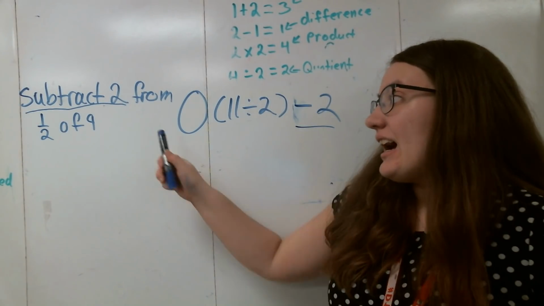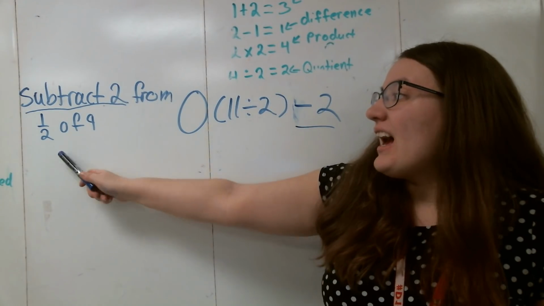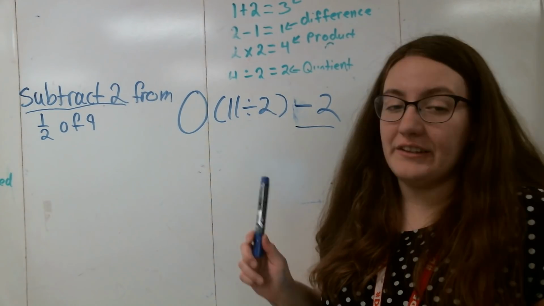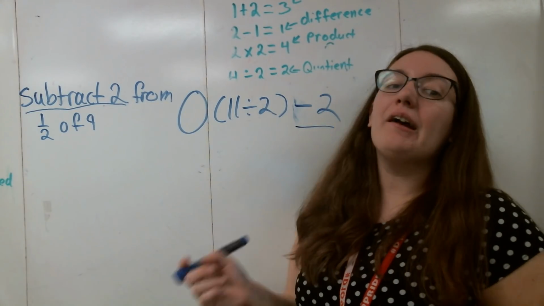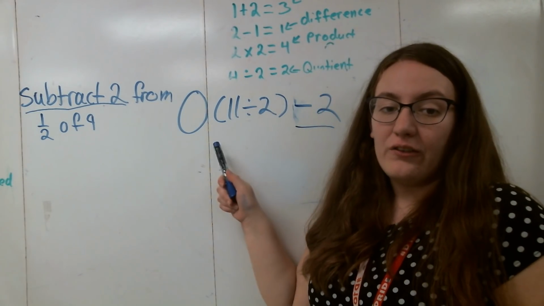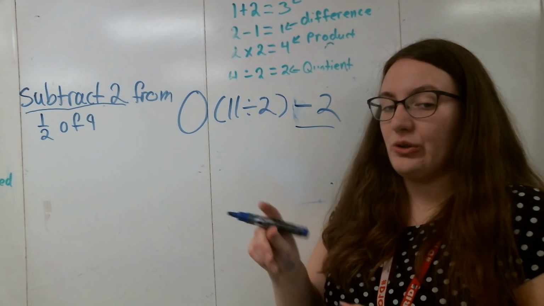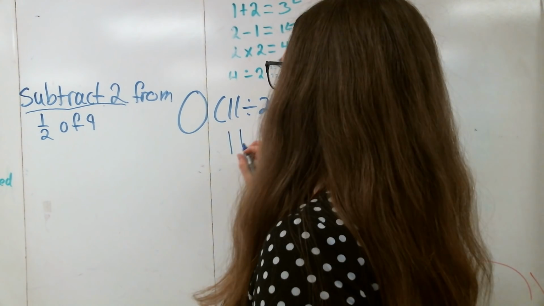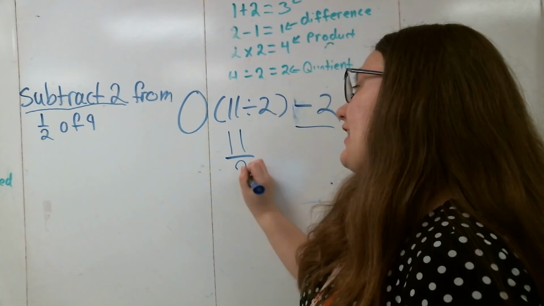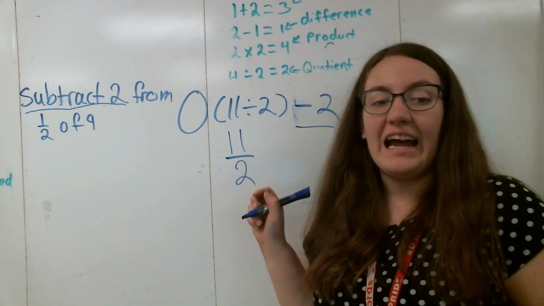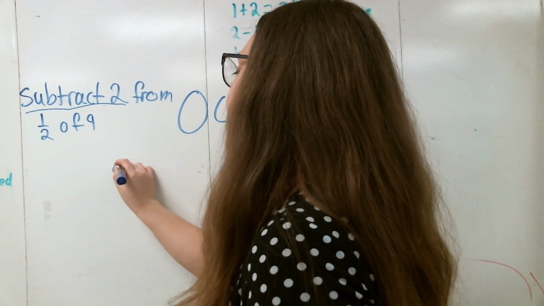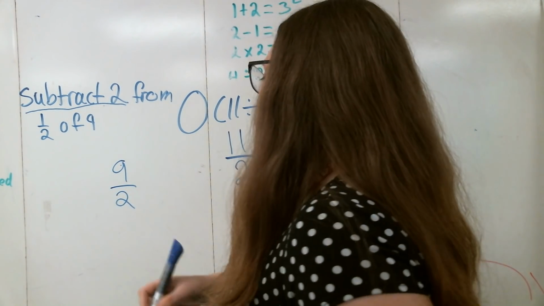And then I'm seeing that they start from half of 9 or 11 divided by 2. Now, if I were to find half of 9 versus 11 divided by 2, I might get some different answers. So 11 divided by 2 would look like 11/2. If I were to find half of 9, that would look like 9 divided by 2.